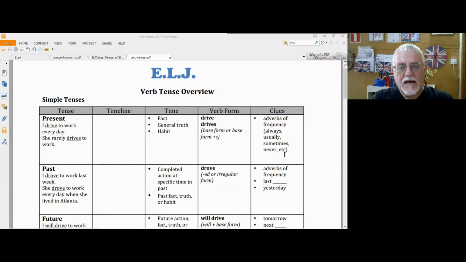So let's look at the simple past tense and when do we use it? Well, it's for a completed action at a specific time in the past. So when we look at it, simple past, I drove to work last week. Now remember, the S is only added to the third person singular in the simple present tense.